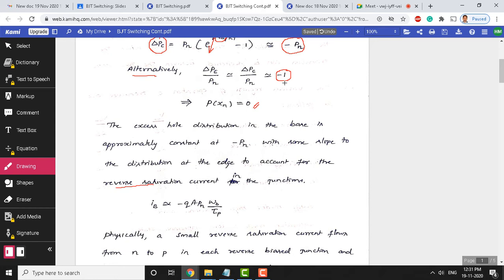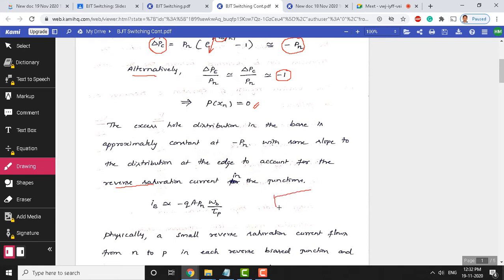Since the emitter-base junction and the collector-base junction are both reverse biased, ideally speaking there is no current flowing between emitter and collector, but there is some amount of reverse saturation current. For a practical BJT, we can expect a small amount of reverse saturation current in the junctions. It's like a PN junction under reverse bias.